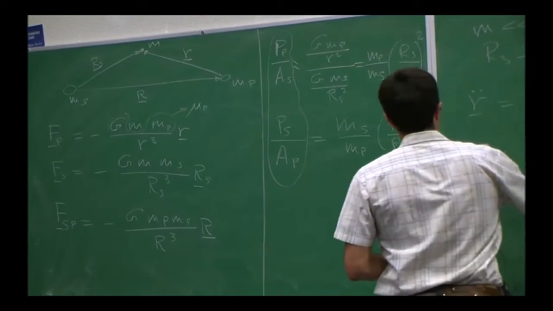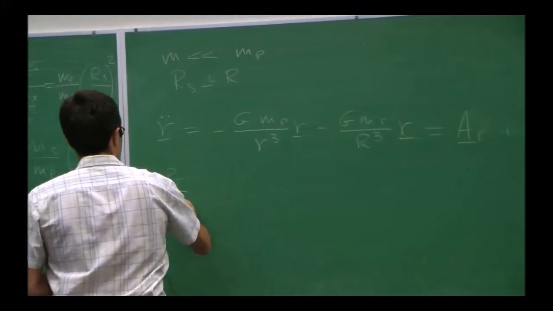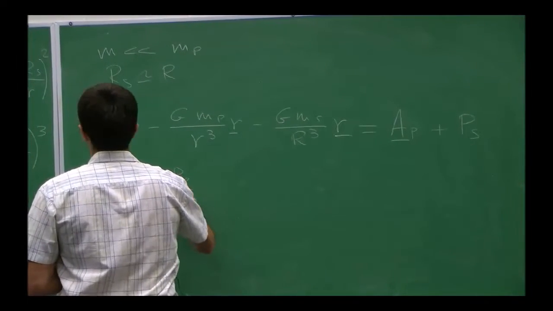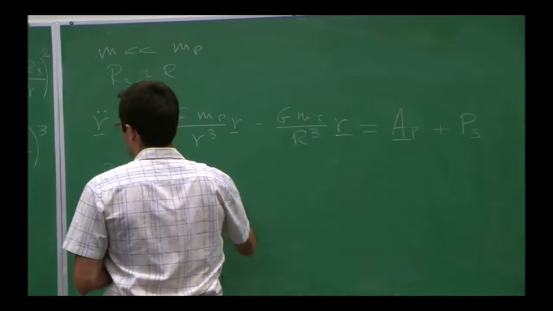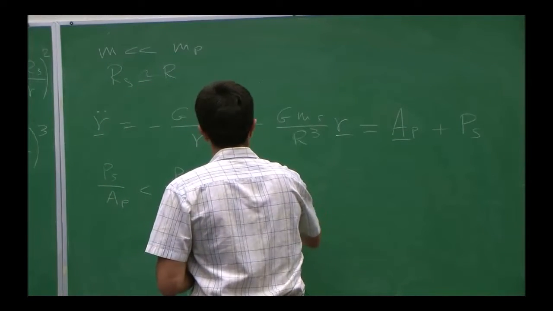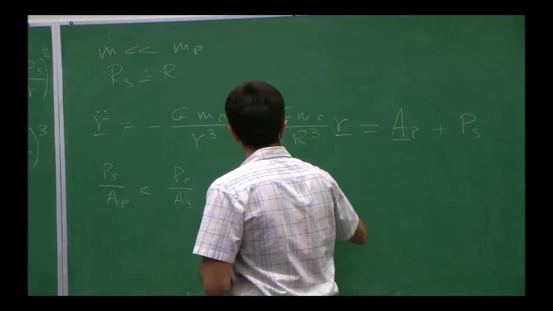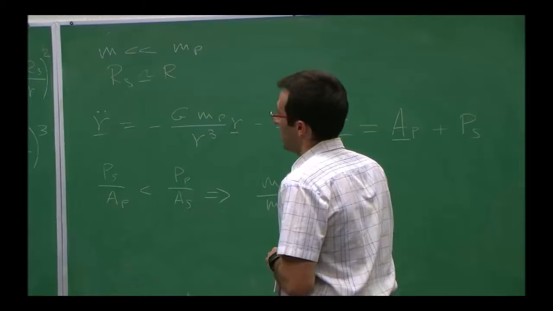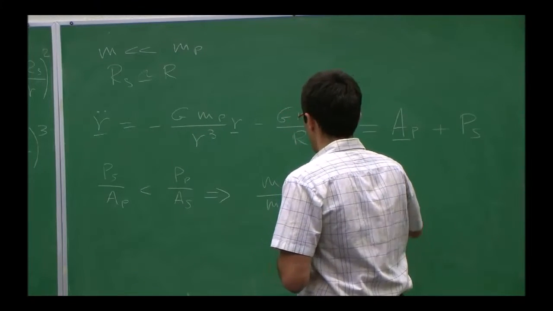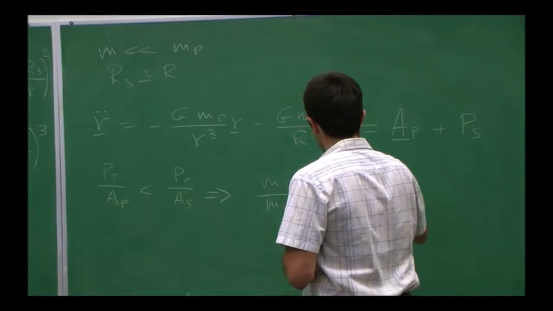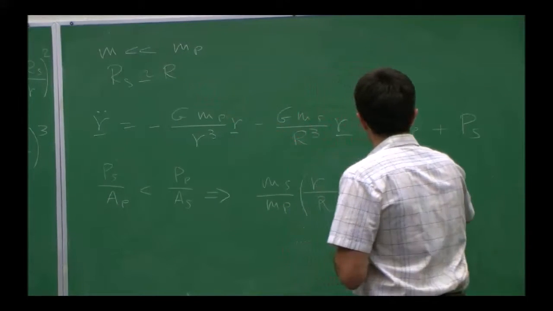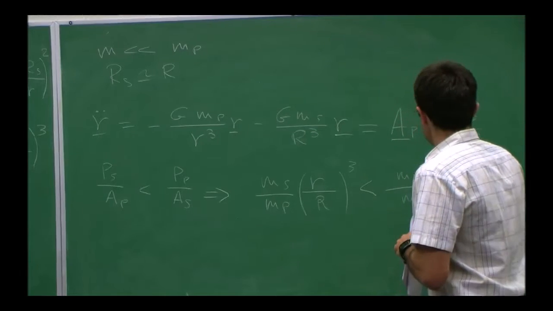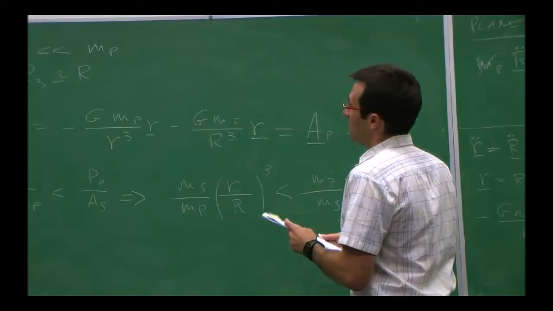So if you do that, PS over AP less than PP over AS, this is going to look like this. It's mass of the sun over mass of the planet. Distance to the satellite from the planet over distance between sun and planet cubed has to be less than that equation there, MP over MS. Now I have, am I still calling it RS?